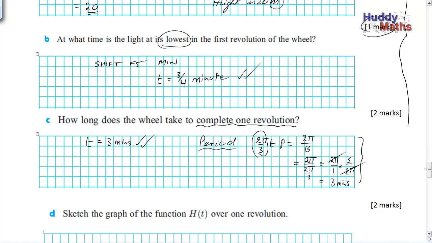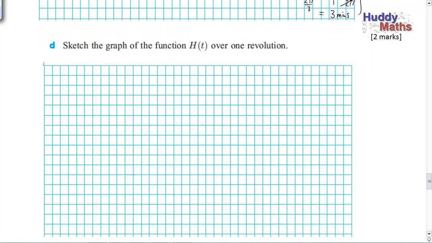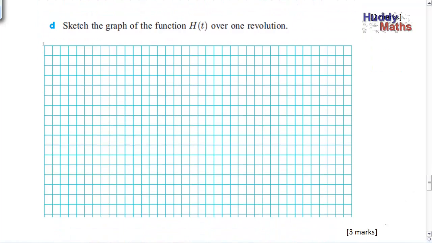Okay, sketch the graph. Now, this is very, very important in both specialist and studies now. It's usually, I've made it 3 marks, and you should know what those 3 marks are for. There's 1 mark for labelling the axes, both of them, showing the scale and the units.